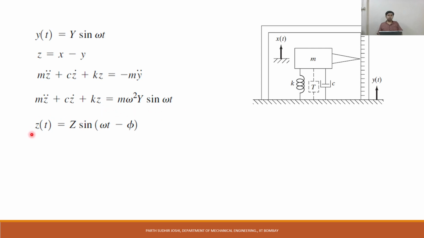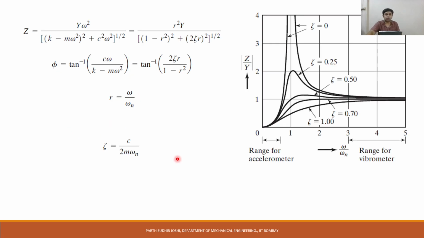If we substitute a solution of the form z of t is equal to Z sine omega t minus phi, we can solve for the steady state amplitude Z in terms of the steady state amplitude Y of the vibrating structure, as a function of the frequency and the mass, stiffness, and damping properties.